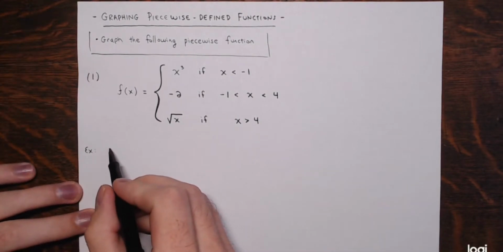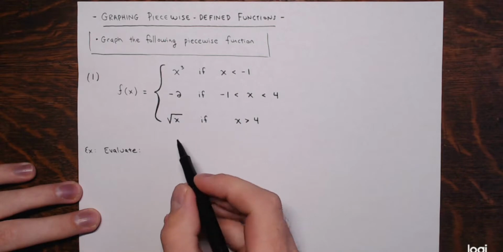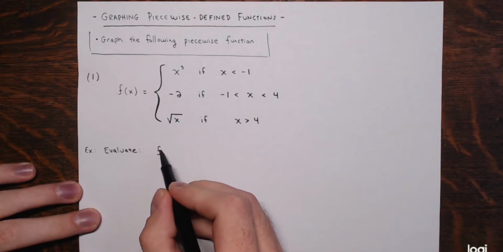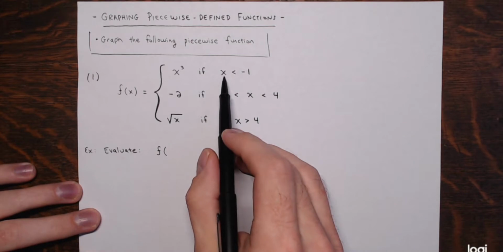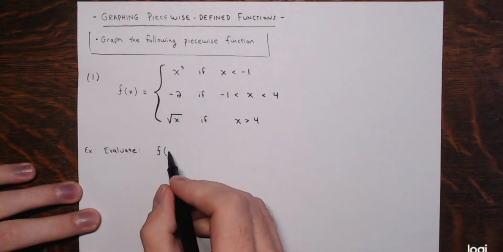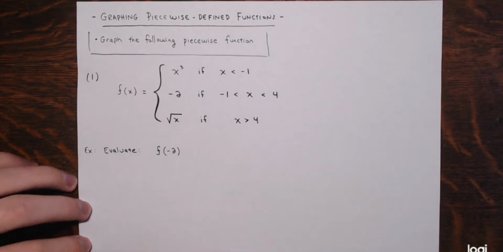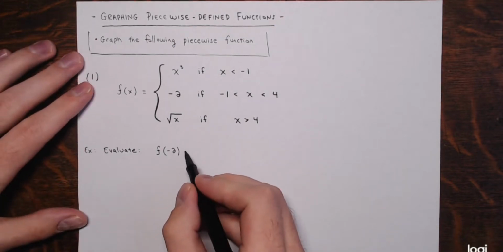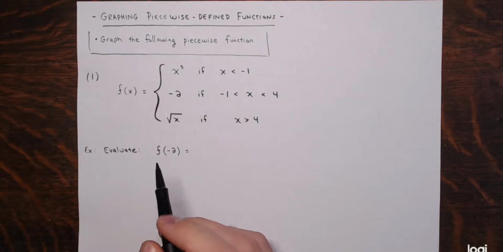If I said what's f of, and I pick a value of x less than -1, say -2.